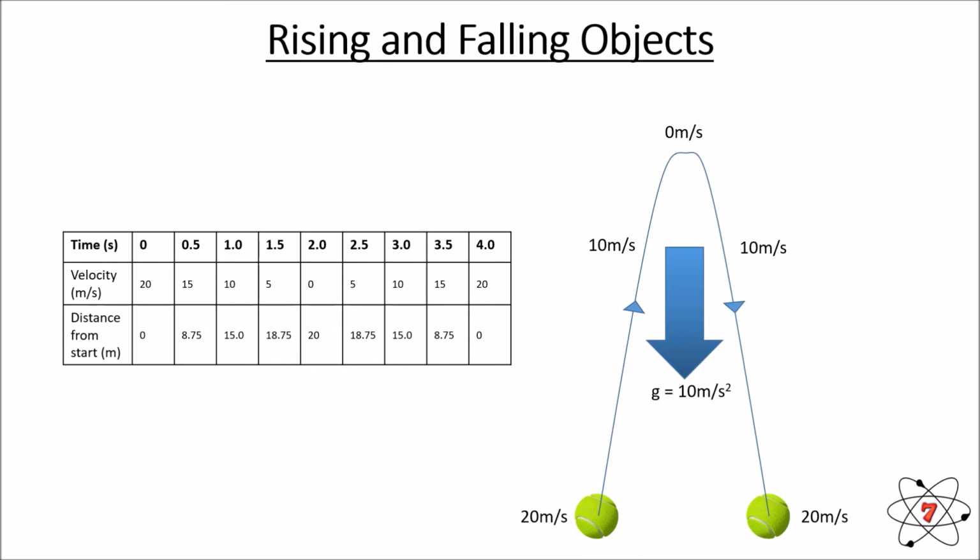After 2 seconds, the ball has reached a speed of 0 meters per second, and it's travelled a total of 20 meters upwards. The ball will then fall back down. After a further 2 seconds, it will land. It will have travelled a total of 40 meters, but 0 meters from its start point, and its velocity will be the same as when it started.